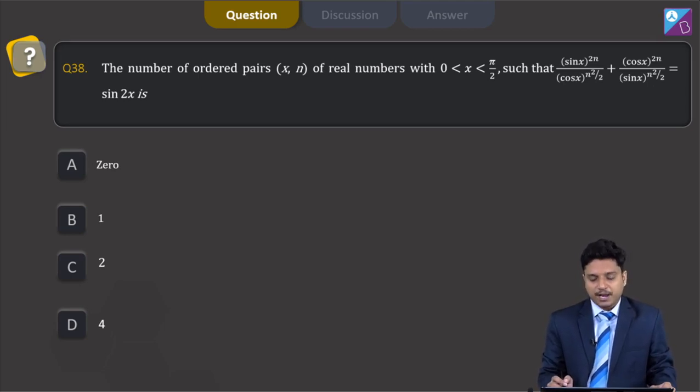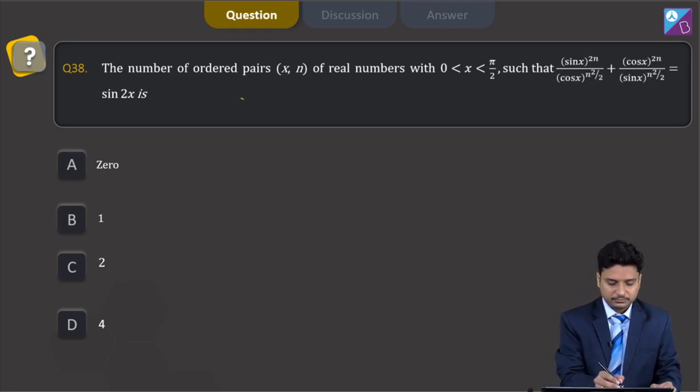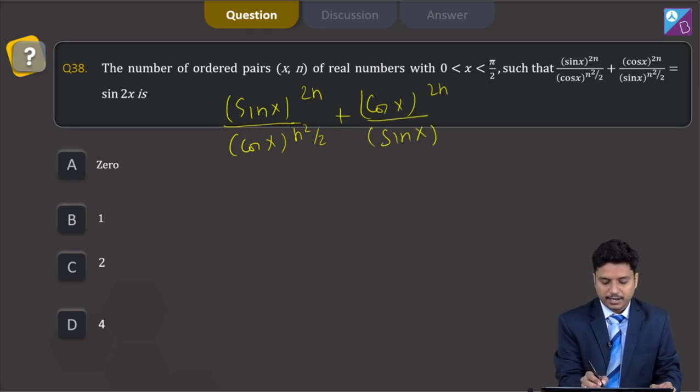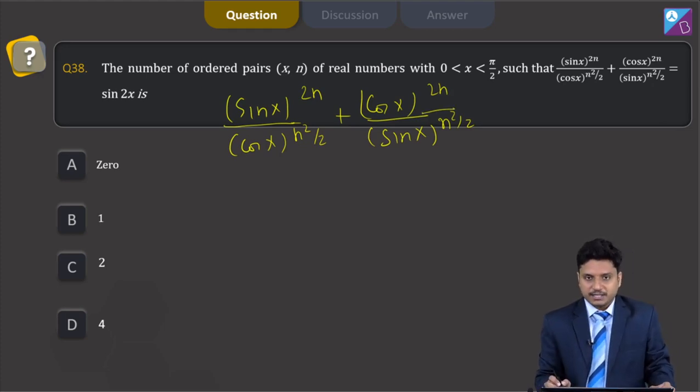So if we apply AM-GM inequality on the left hand side terms, these two terms are given as sin x raised to power 2n divided by cos x raised to power n square by 2 plus cos x raised to power 2n divided by sin x raised to power n square by 2. You can see that all these quantities are positive.